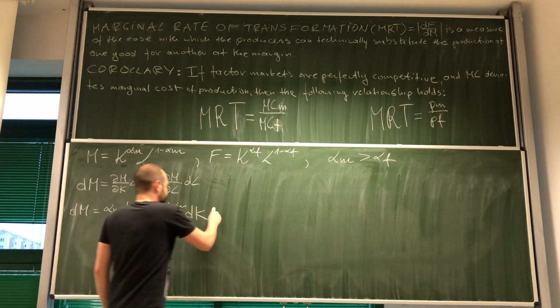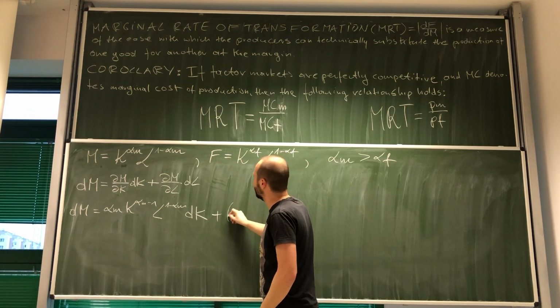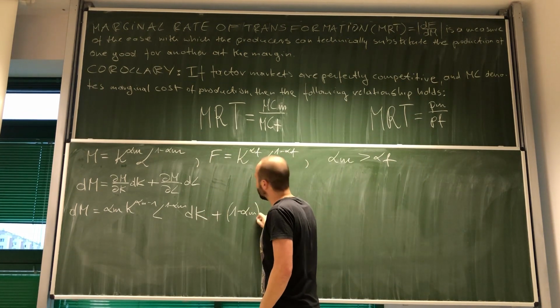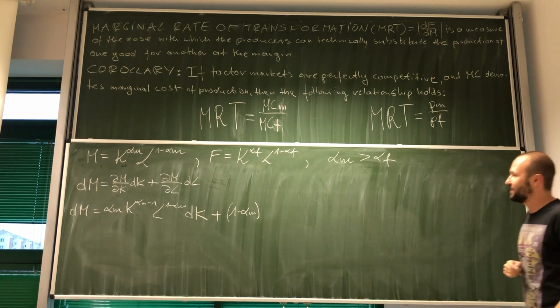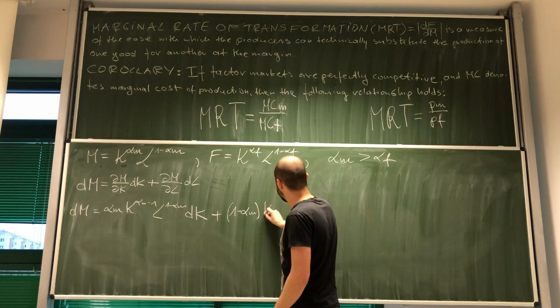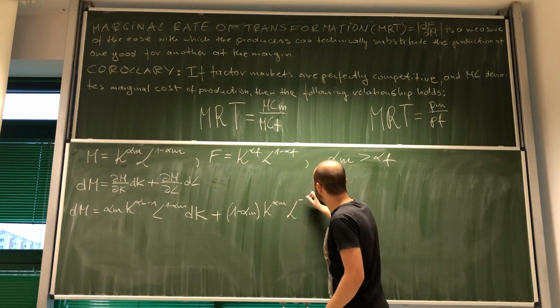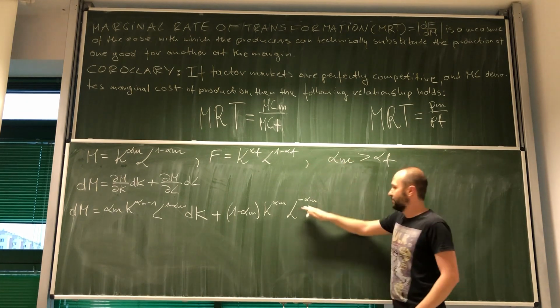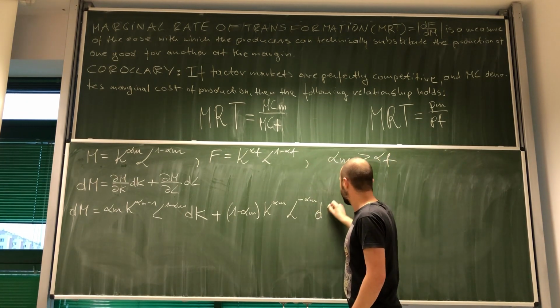Then plus the second derivative, with respect to labor, which is K^(α_m) times L^(−α_m), because I dropped 1 from the exponent, times dL.